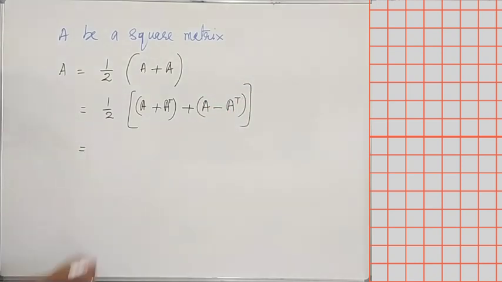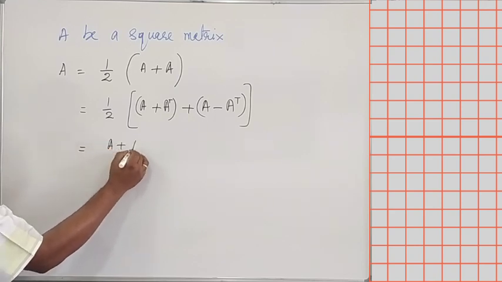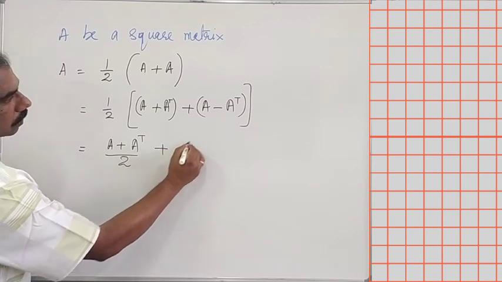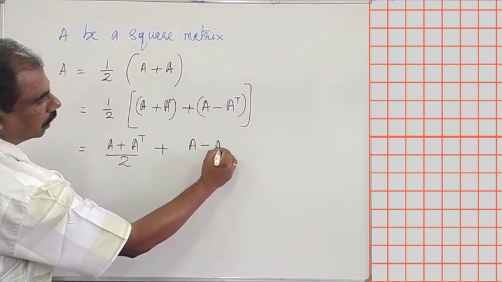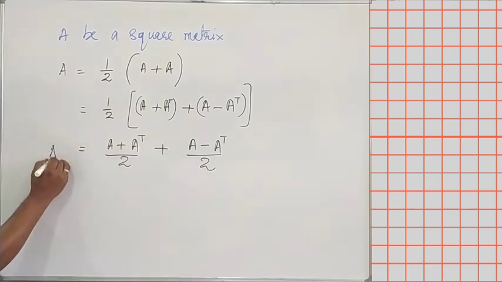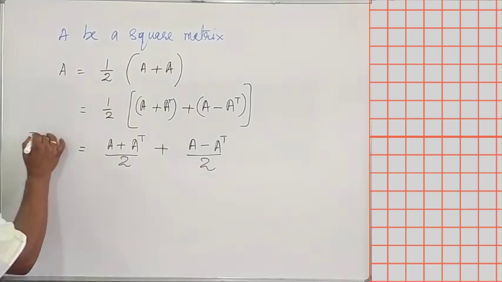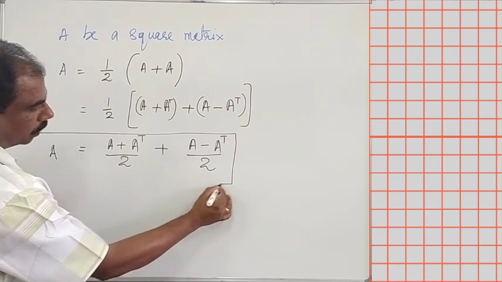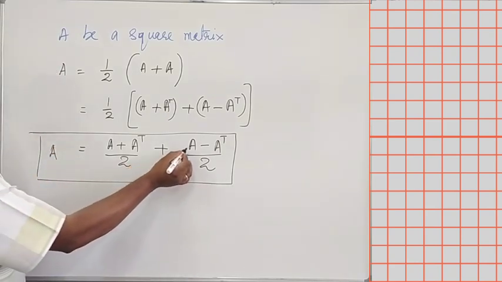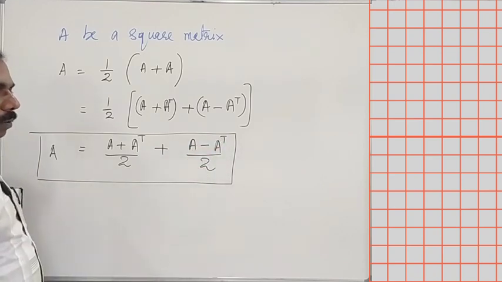Or it can be written as A plus A transpose divided by 2 plus A minus A transpose divided by 2. So, any square matrix A can be written as A plus A transpose divided by 2 plus A minus A transpose divided by 2.